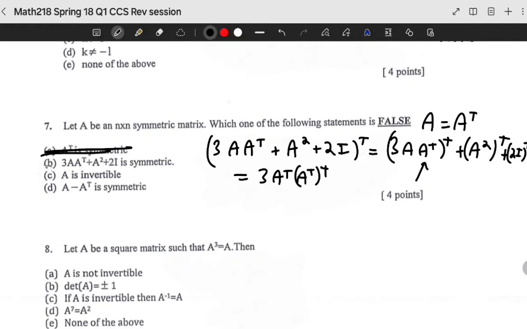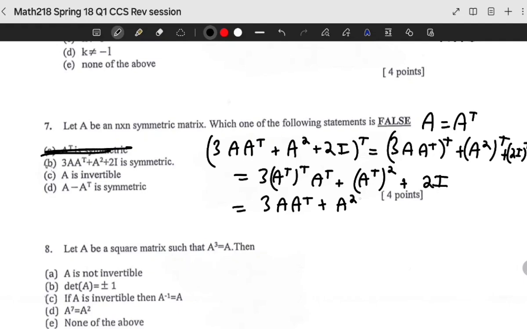So I get A transpose transpose and then A transpose plus A transpose squared, plus 2I transpose, which is just 2I. This is equal to 3A A transpose plus A squared, where instead of A transpose I'm substituting A since A is symmetric, plus 2I. So this is true. A is invertible. So an n by n symmetric matrix, is it necessarily invertible?